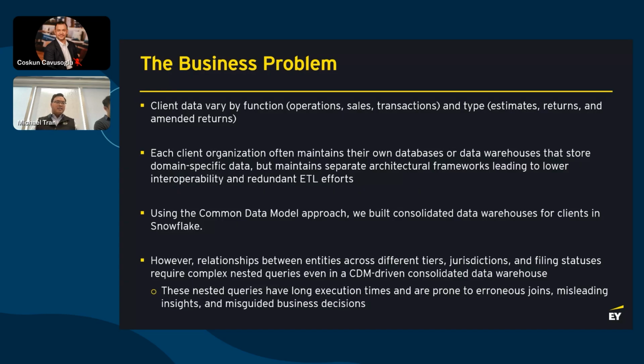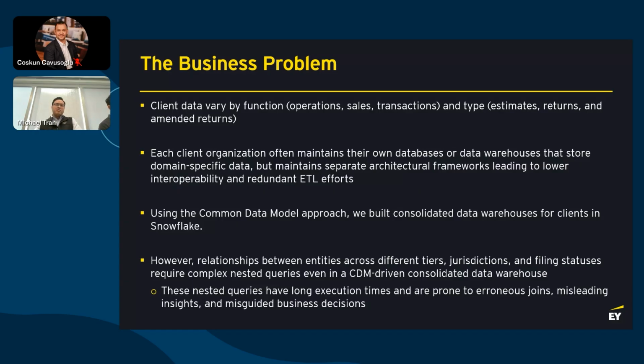Within tax, and specifically within financial services, we need data about the organization itself, like financial data and accounting data. Financial services are made up of funds with investors, so we need investor data coming from maybe a CRM system like Salesforce, or sometimes Excel files. We need information about the legal entities and the jurisdictions.